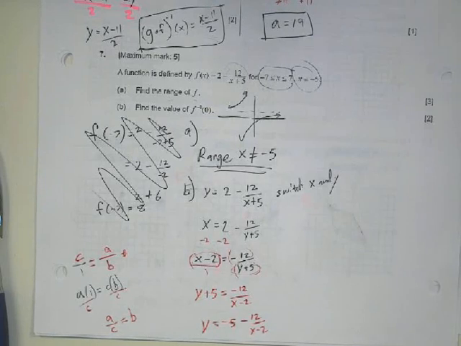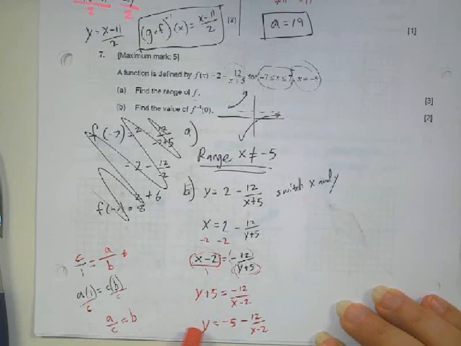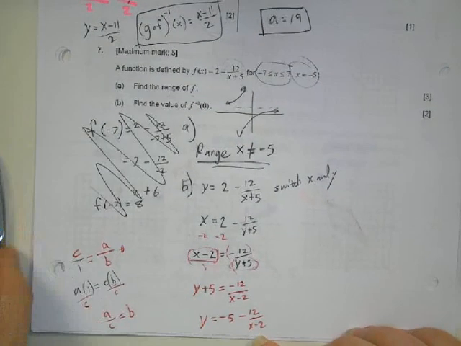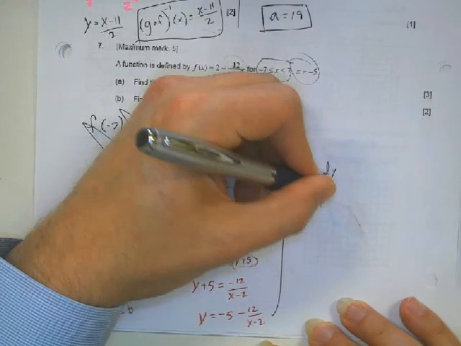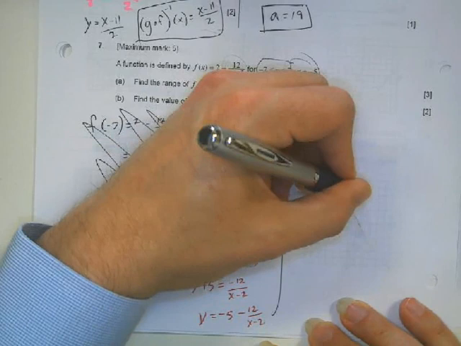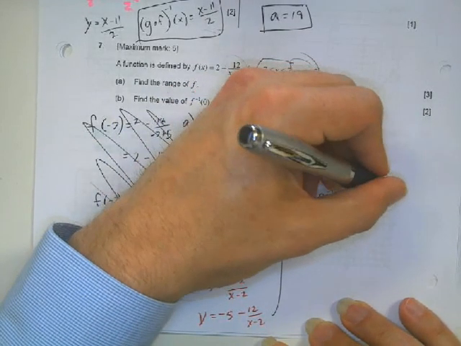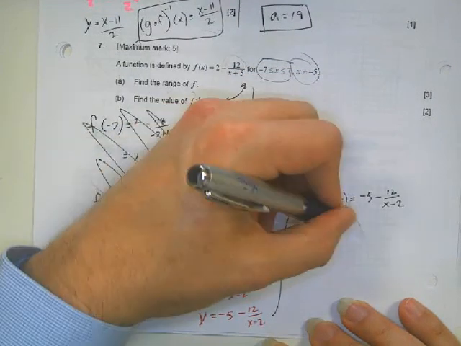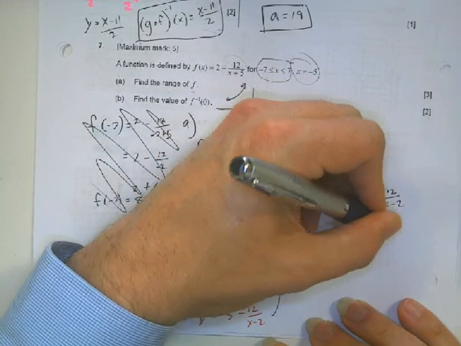Okay, we're trying to find the value when we plug in 0 into this function. So if I'm going to plug in 0 in place of x, then we get negative 5 minus 12 over 0.